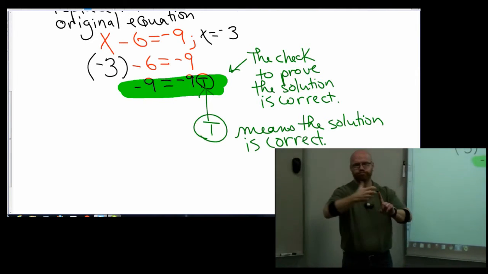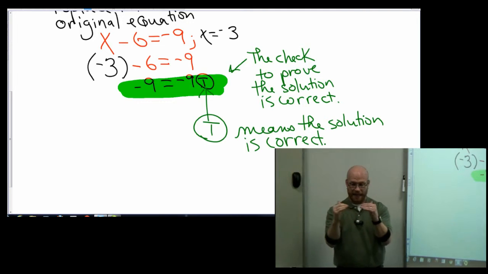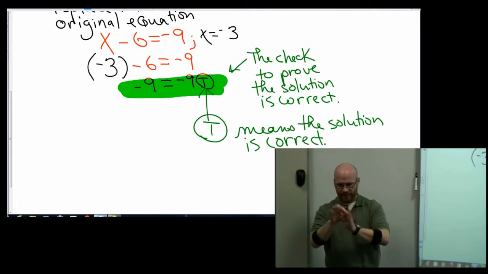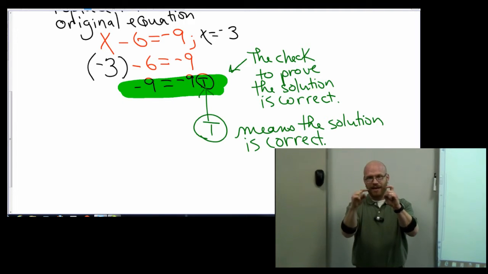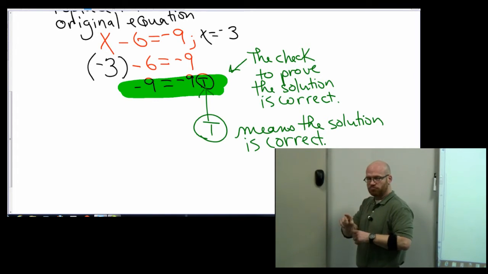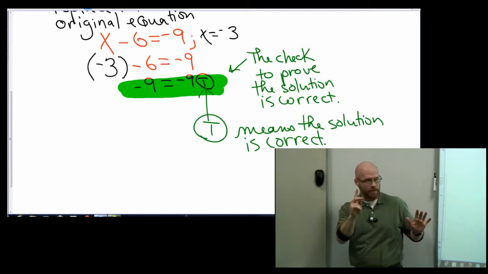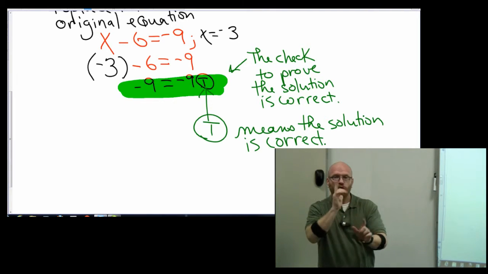Check: negative 9 equals negative 9. True. Means x equals negative 3, my solution works. Okay? The next problem we'll solve right now.